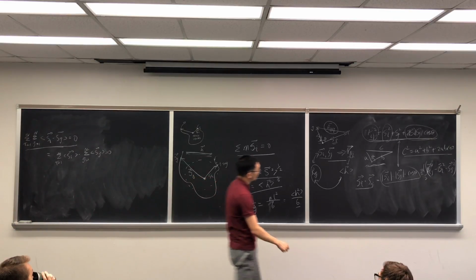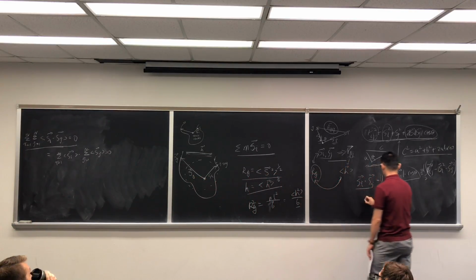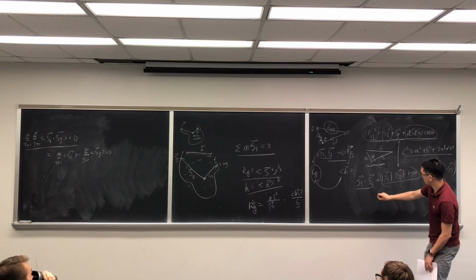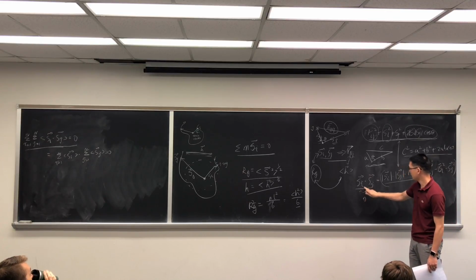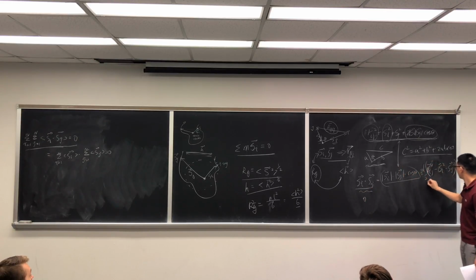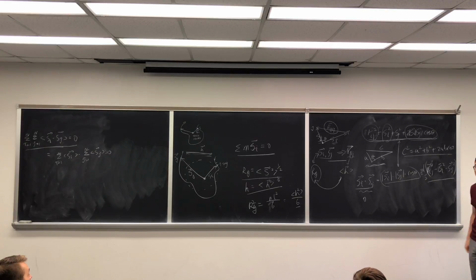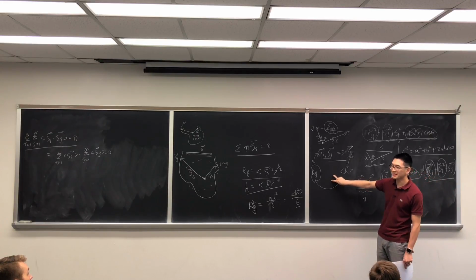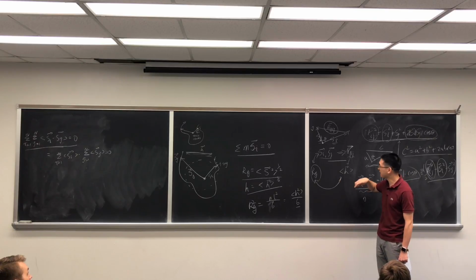So if this is a 0, right? Si dot Sj is 0. Now we can directly link what Rij and Si dot Sj are. The reason we want to link them again, this is the game plan we talked about at the beginning.